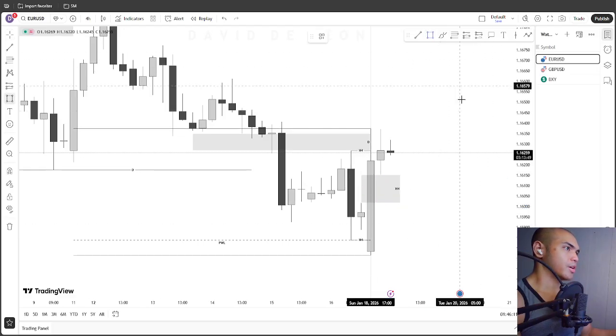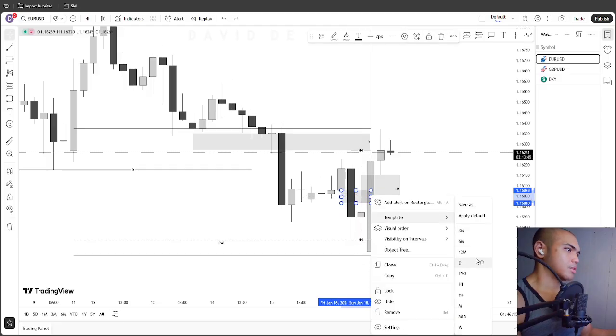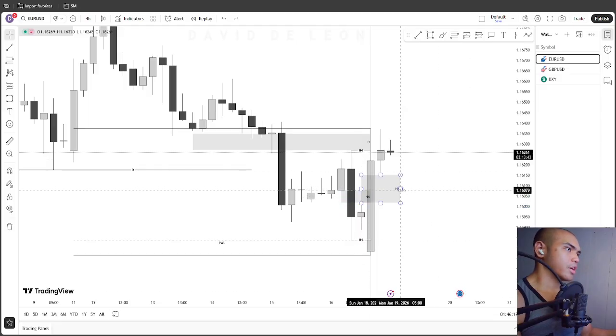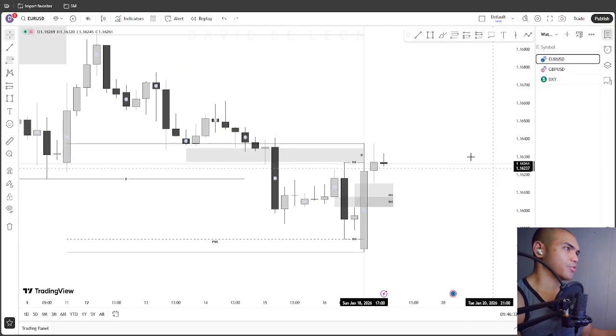I also noticed that H4 disrespected this H4 sell side imbalance that now overlaps to this new H4 buy side imbalance. This is a key level to watch out for. This is a strong level to watch out for.